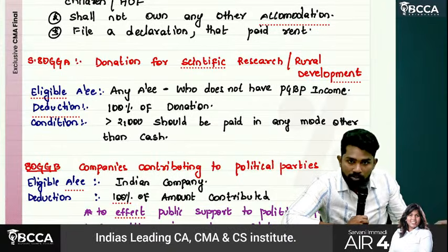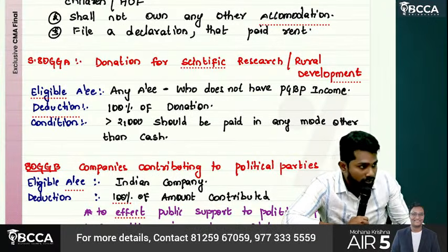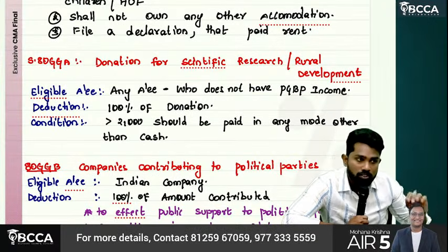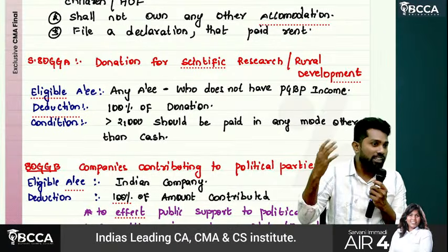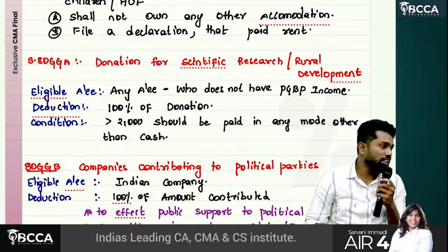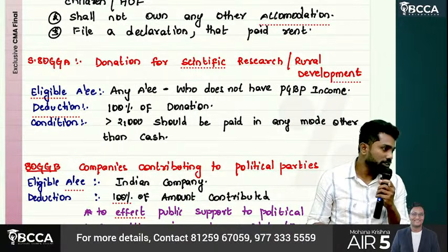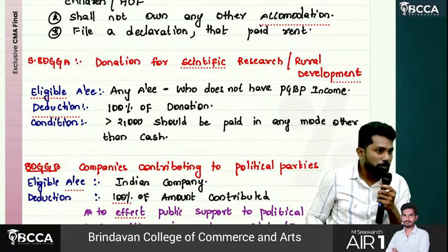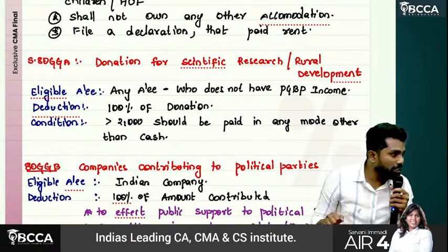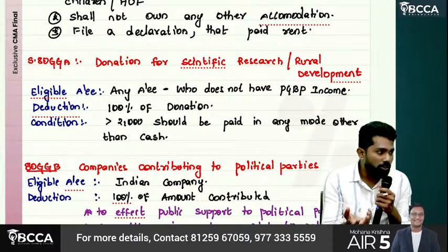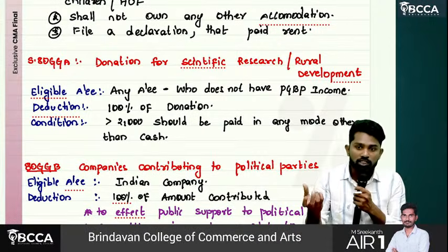If you are not having PGBP income, let's say you are a salaried person, then where will you claim? But still you are someone who wants to encourage scientific research and technologies. So you made some donations, but you are not having PGBP income. That is a good thing which has to be encouraged, because India is lacking what? New innovations and new technologies.